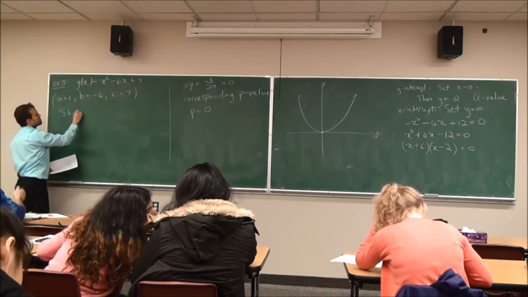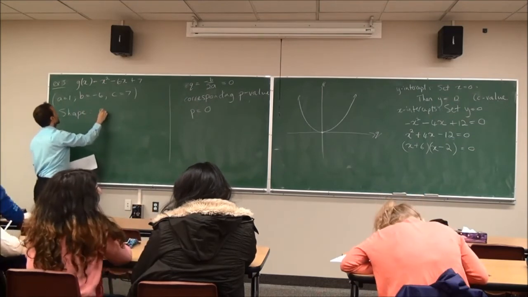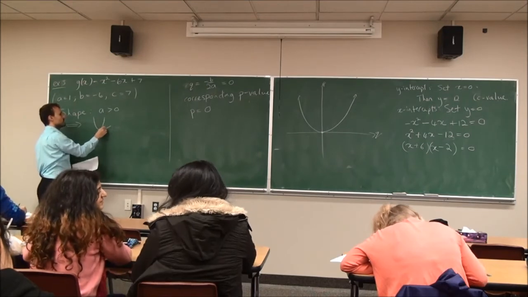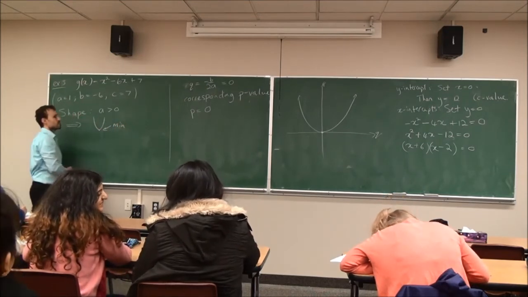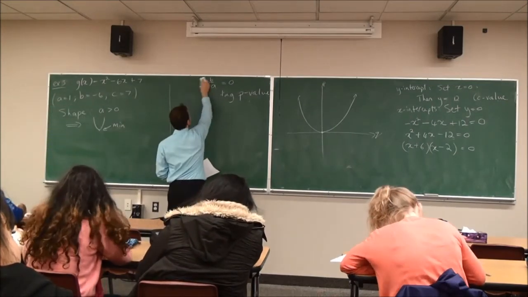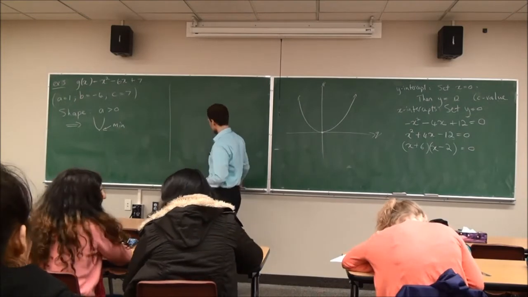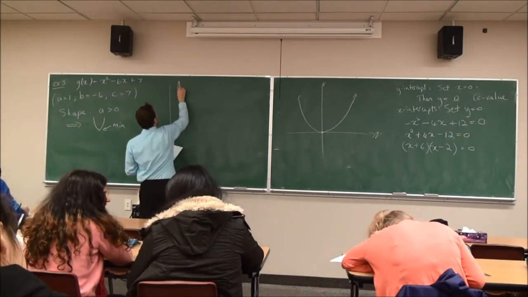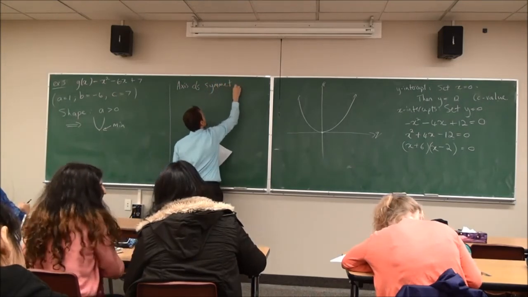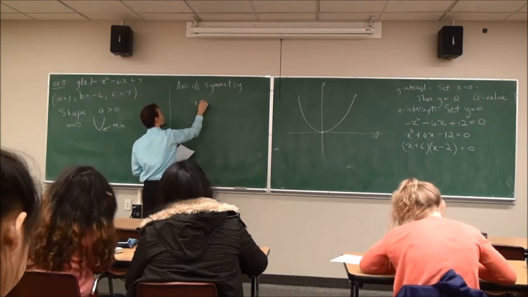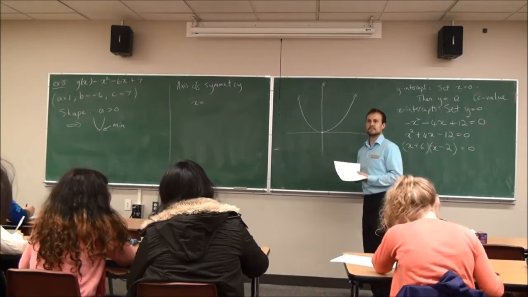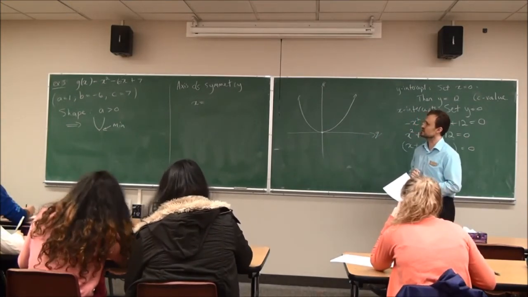The first thing is the shape. Well, a is positive, so that means I have a parabola pointing up, and I'll have a minimum for my function. Then the axis of symmetry is when x is equal to, what is x equal to?